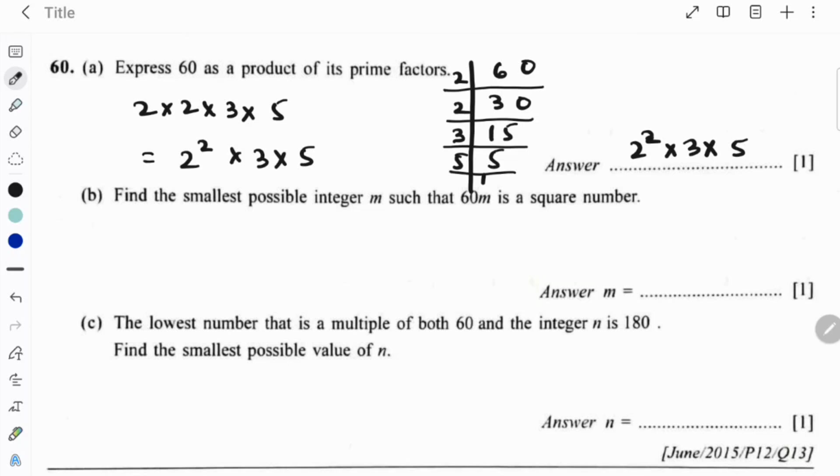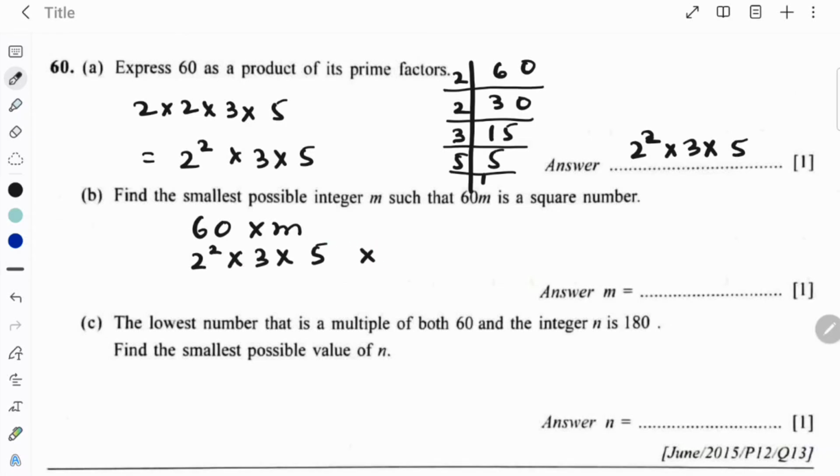Now find the smallest possible integer m such that 60m is a square number. Means we'll multiply a number by 60 to get a square number. So all even powers is a square number. So that is 60 times m, that is 2 square into 3 into 5.